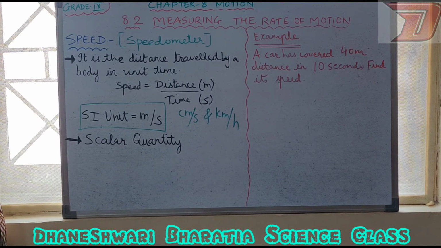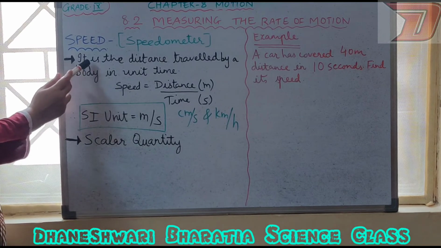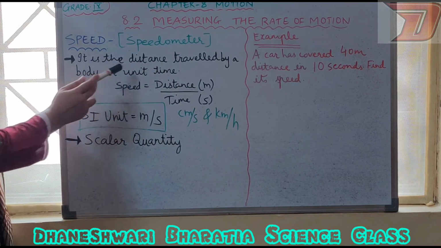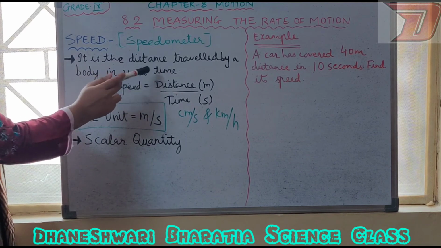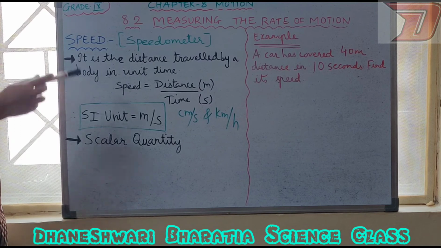So in short, we need to measure the rate of motion, and that is measured in terms of speed. So what is the definition of speed? It is the distance travelled by a body in unit time. Here you can see on the board also that I have written it is the distance. जो ऑब्जेक्ट मूव हो रहा है वो कितना डिस्टेंस कंप्लीट कर रहा है इन द गिवन टाइम और इन द यूनिट टाइम, दैट इज नोन एज स्पीड.